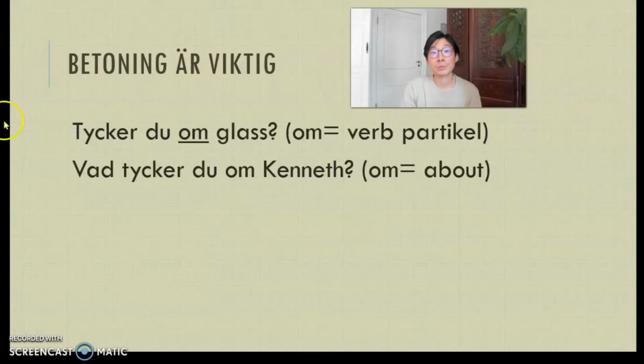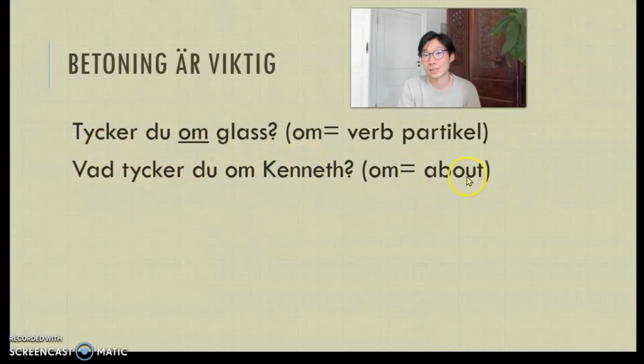Till exempel om du säger tycker du om glass? Tycker du om glass? You're stressing on the particle om. Then you are saying do you like ice cream? Om du säger vad tycker du om Kenneth? Vad tycker du om Kenneth? When you don't have the stress, it means about. So what do you think about Kenneth?